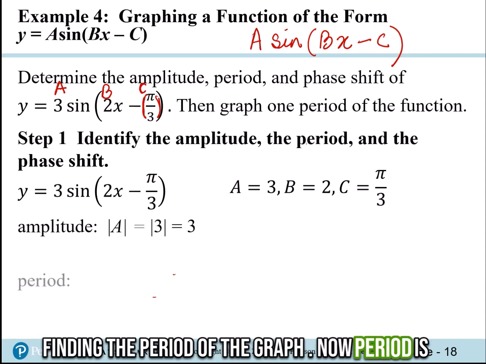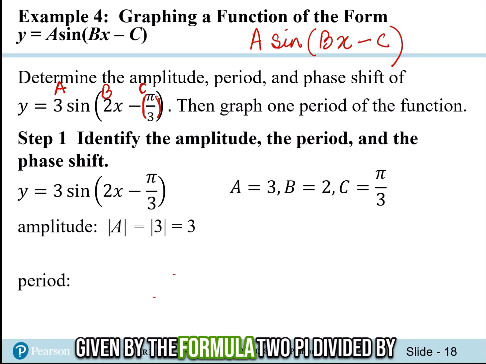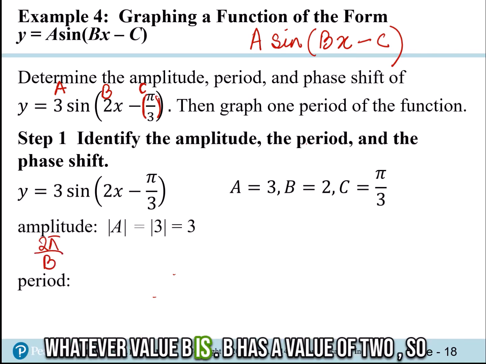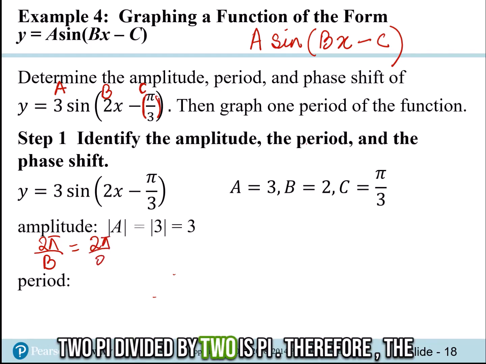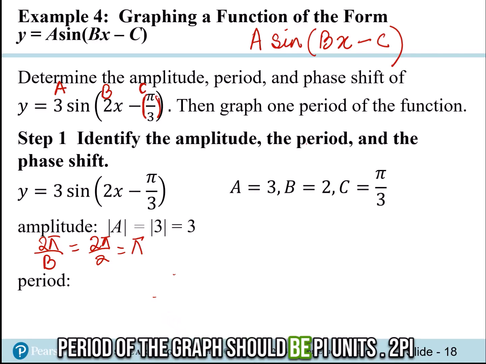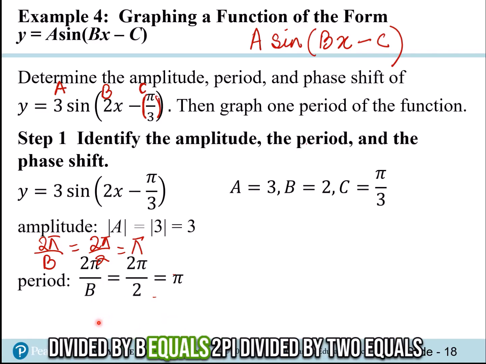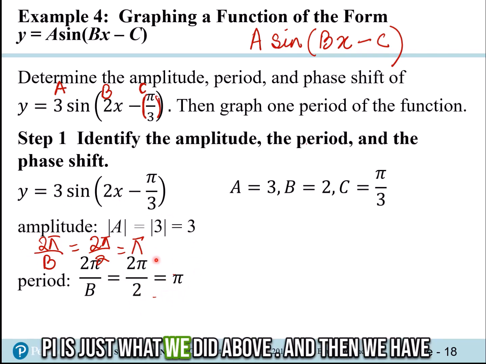Now, period is given by the formula 2 pi divided by whatever value b is. B has a value of 2, so 2 pi divided by 2 is pi. Therefore, the period of the graph should be pi units. 2 pi divided by b equals 2 pi divided by 2 equals pi is just what we did above.